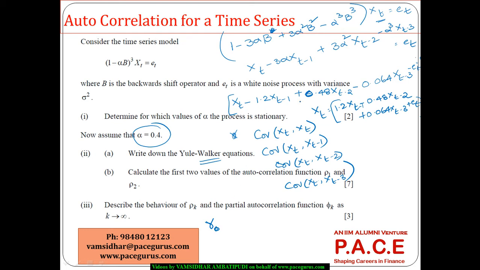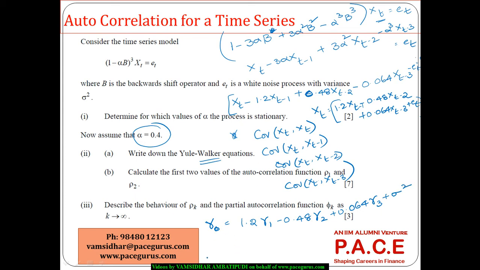So gamma 0 is equal to 1.2 times the covariance of X_t and X_(t-1), which is gamma 1, the covariance with lag 1, minus 0.48 gamma 2, plus 0.064 gamma 3, and we also have the covariance between X_t and e_t, which is nothing but sigma squared, the variance.